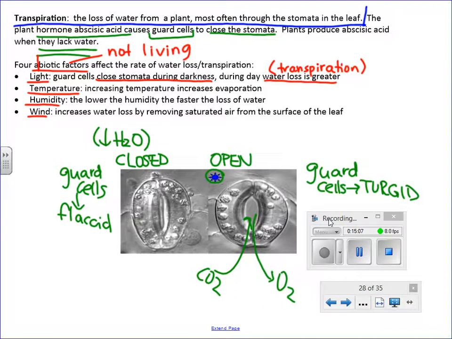So increasing temperature increases evaporation. For humidity, it's the opposite. If humidity is low, so in other words, if it's a very dry environment, then loss of water will be faster. And wind is another one. Wind will increase water loss because it blows on the surface of the leaf and will remove any water molecules that are sitting right at the surface.